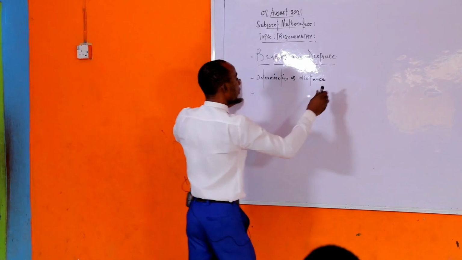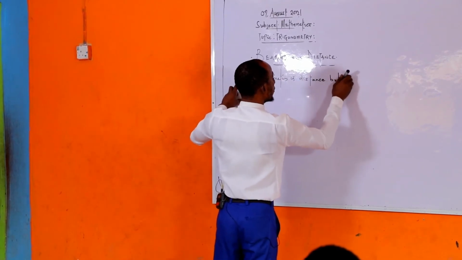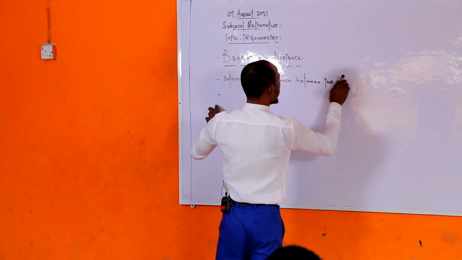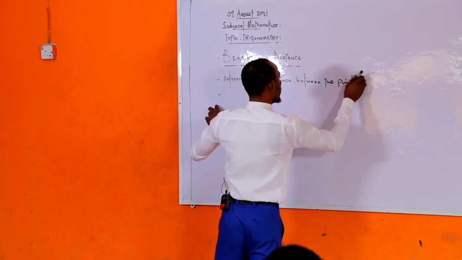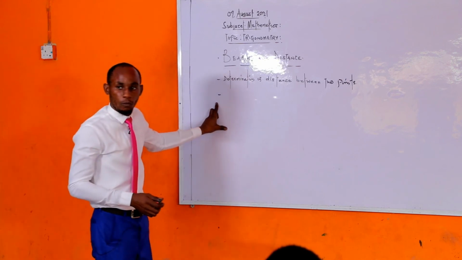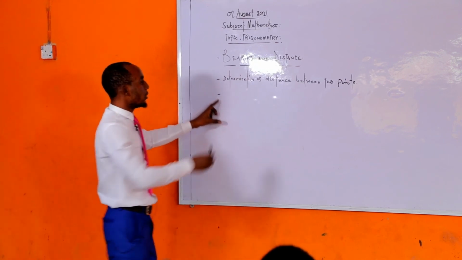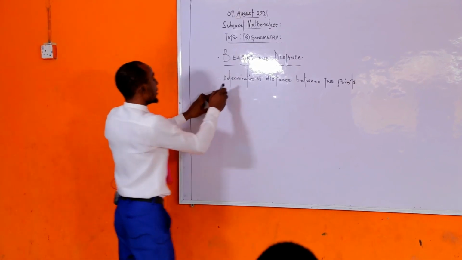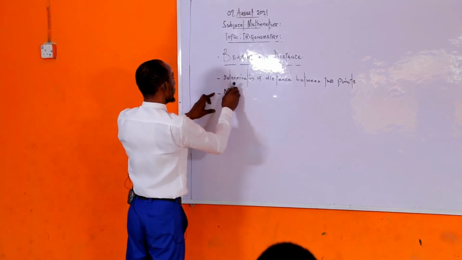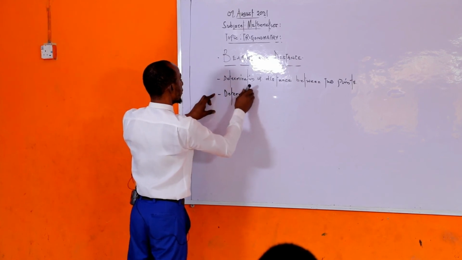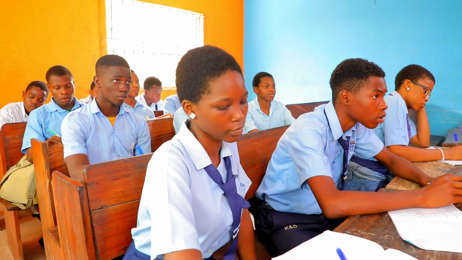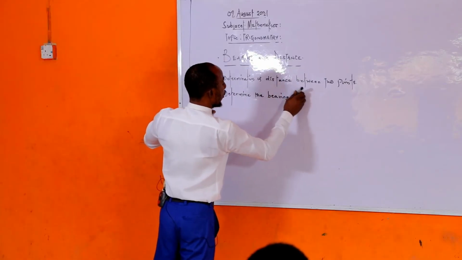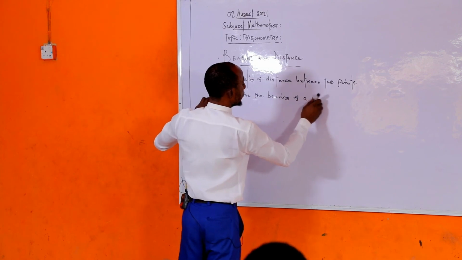The determination of distance between what? 2 points. Between 2 points, Abi? The determination of what now? Distance between 2 points. The second one is determining the bearing to determine the what? Bearing of a point. Of a what now?